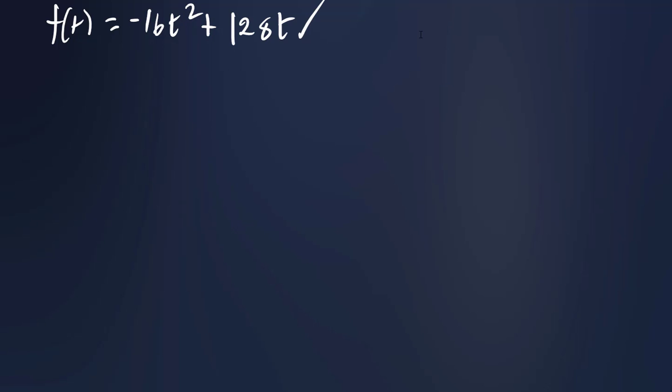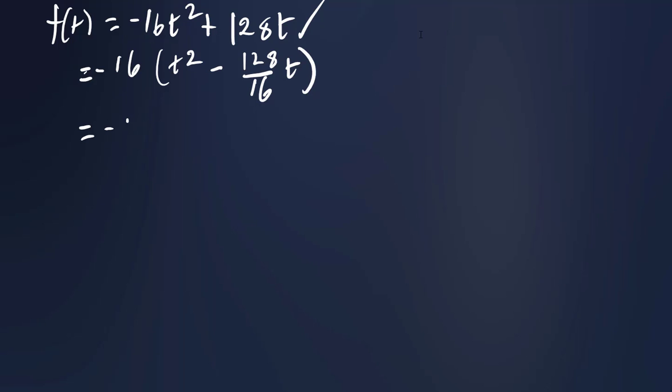What I'm going to do is rewrite this one, putting minus 16 in factor. So minus 16 factor in t squared minus 128 over 16, actually, t, correct? If we introduce minus 16t, we get the initial equation.